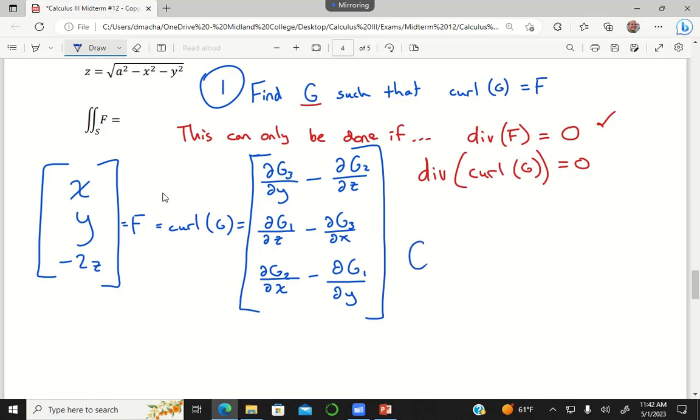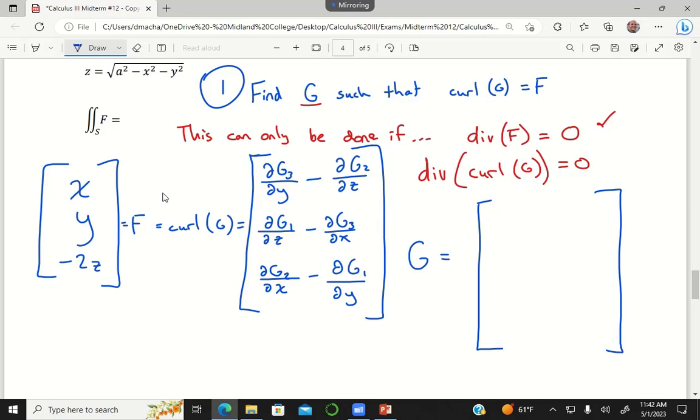So, G, this vector field, we've got to try out some things. We've got to guess and check. Let's make the partial of G3 with respect to y equal to x. So that means if I look at the third entry of this G vector, and I take the partial with respect to y, it has to give me an x.